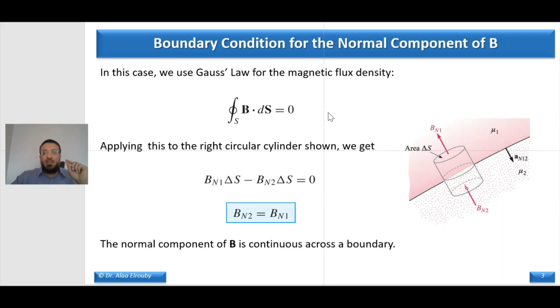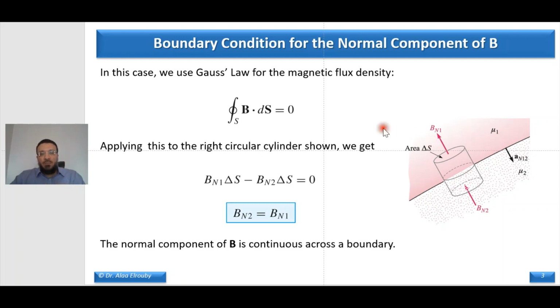Number 1, the magnetic field lines are closed lines. That's why the number of lines going out of the surface equals the number of lines coming into the surface, so the net is 0. The second property is that we always have dipoles of magnetic sources. There is no separate magnetic source. The magnetic source always exists in pairs, north pole and south pole.